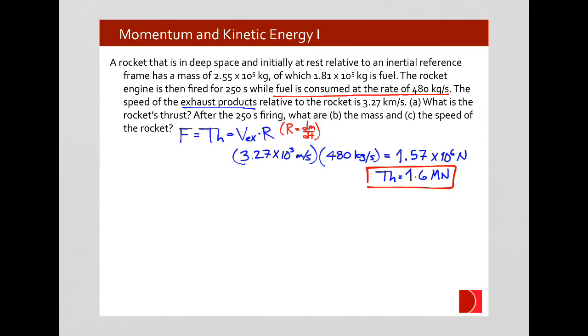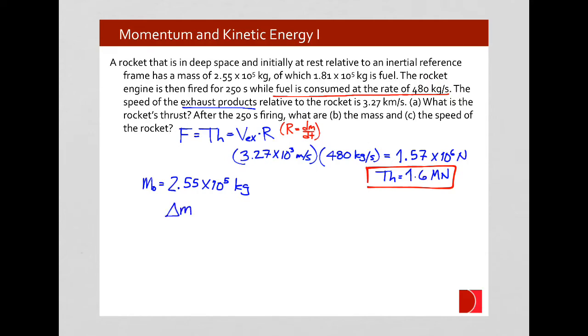We know that the initial mass of the rocket is 2.55 times 10 to the 5th kilograms. We know that we are burning up 480 kilograms per second, and we're doing that for 250 seconds.